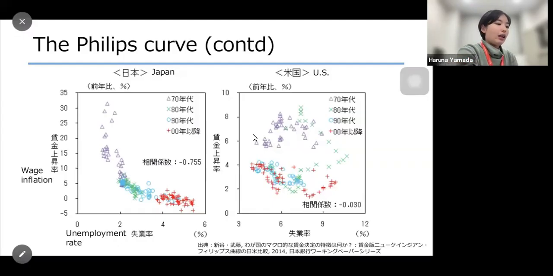And also, the purple triangles are the 1970s, the green ones are the 1980s, the blue circles are the 1990s, and the red pluses are since 2000.